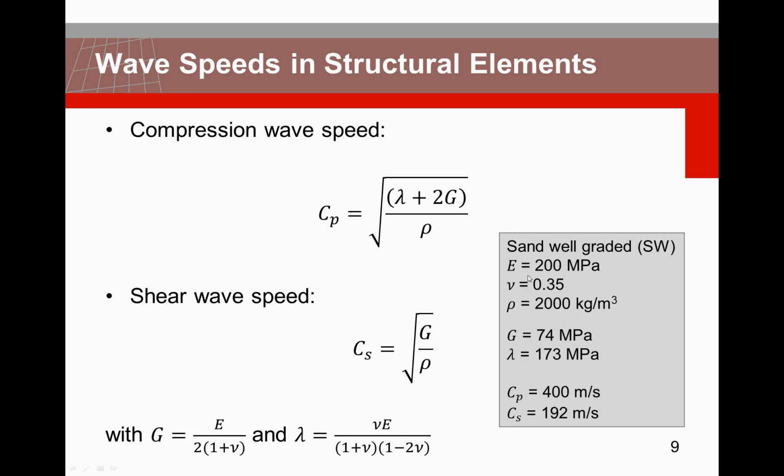Say for instance a Young's modulus of 200 megapascals, a Poisson's ratio of 0.35 and a density of 2000 kilogram per cubic meter will lead to a primary wave speed, or the pressure wave speed, of approximately 400 meters per second, and the secondary wave speed, the shear wave speed, is 190 meters per second. So as you see, the P waves, the pressure waves, are the fastest ones, and the shear waves are the slower ones.